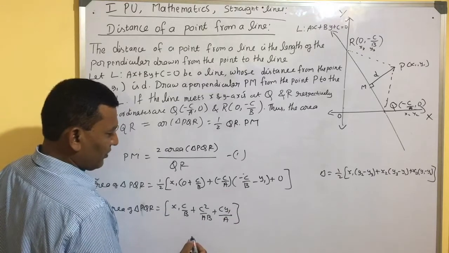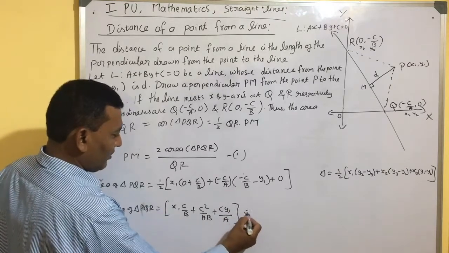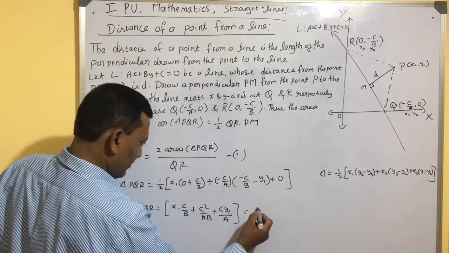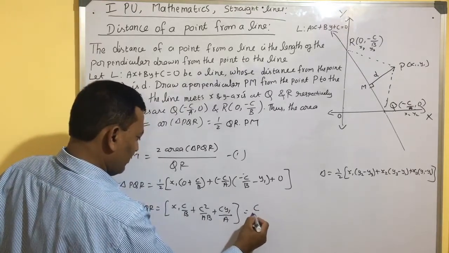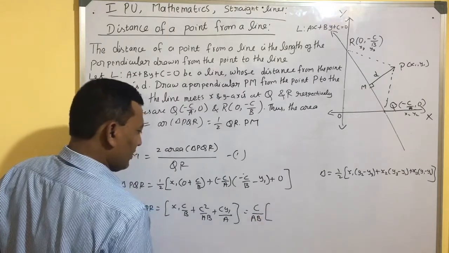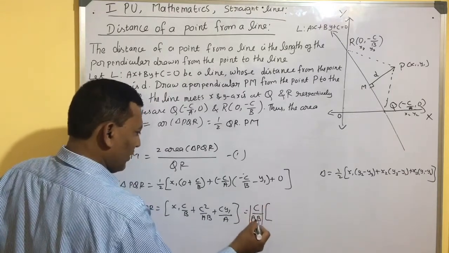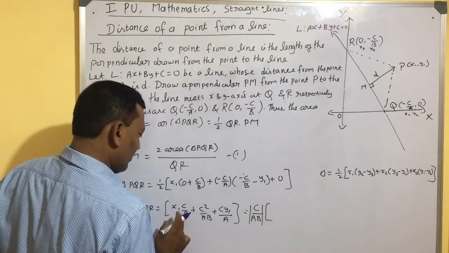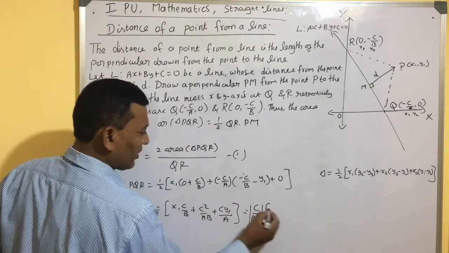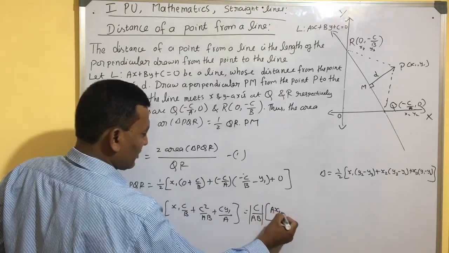Now from this what I will do here is, I will take c common divided by ab. If I take c by ab common, that's absolute value I will take, then c is gone, we have x1, b we have taken in denominator but there is no a, so this becomes ax1 plus.